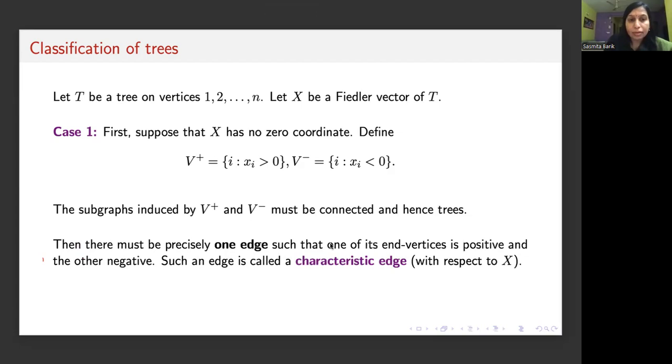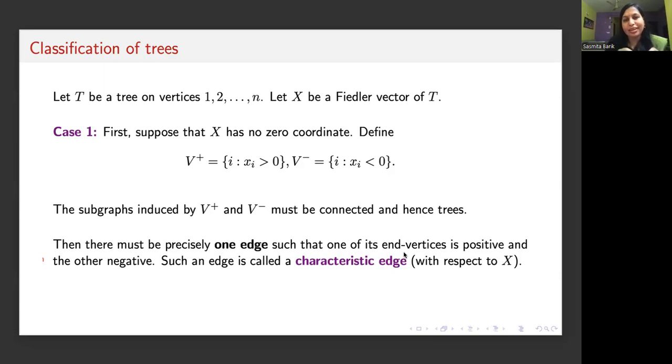Because the positive vertices form a connected part, and the negative vertices form a connected part, you can observe that there will be precisely one edge which has a positive end vertex and a negative end vertex. That's called the characteristic edge. There will be exactly one such edge, because if I take two edges in between, then if I consider the positive vertices, it will become disconnected, since I have to go around the other way.